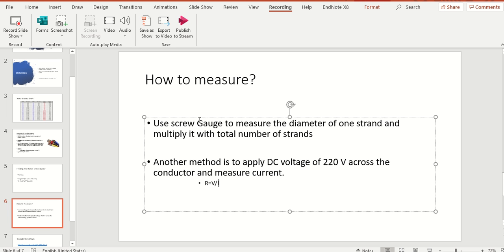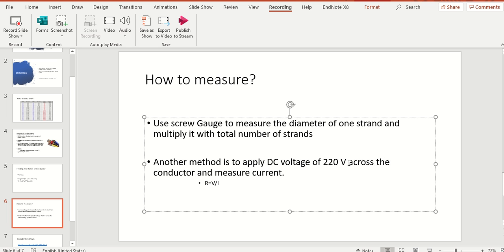Now there is another method: apply a DC voltage of 220 volt across a conductor and measure the resistance. Why 220 volt? Because here we are dealing with thick electrical cables. These are not simple electrical wires that you use in the ECA1 or electronics lab. These are the thicker ones.